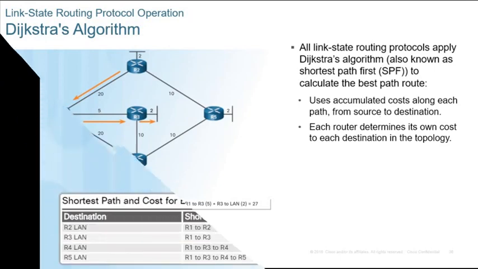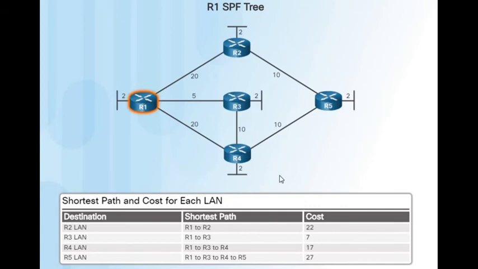Okay, so moving on with another OSPF topology and cost for each LAN example. Let's assume that in this example we have R1 as our source, and let's check the cost.